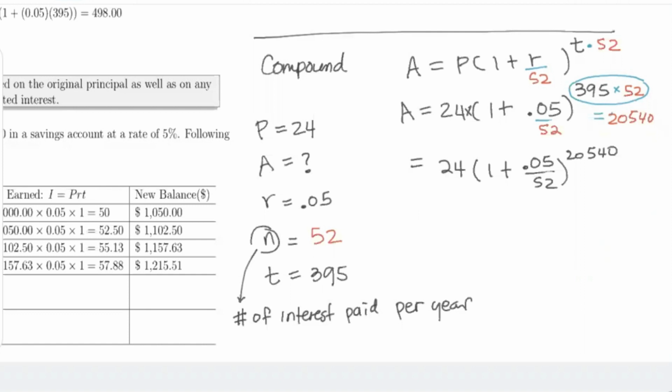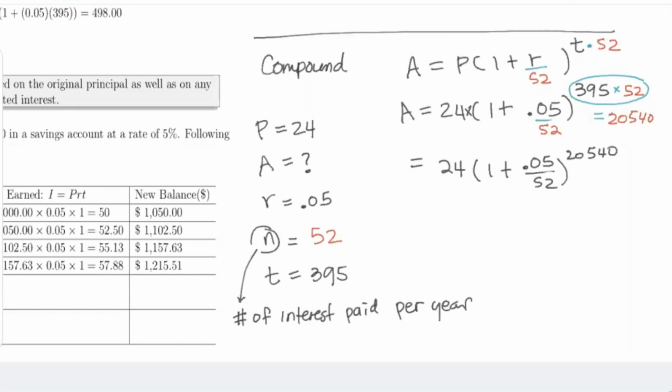Open parentheses. So you got parentheses right here. Open parentheses, 1 plus 0.05 over 52. So you just type 0.05 over 52. And then you put the close parentheses right here.